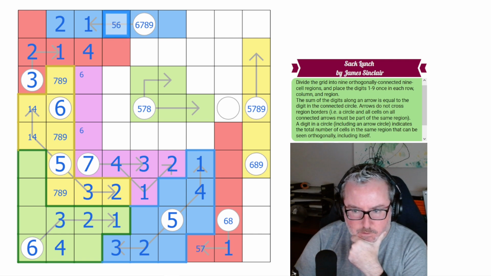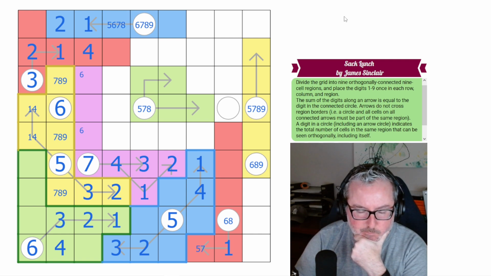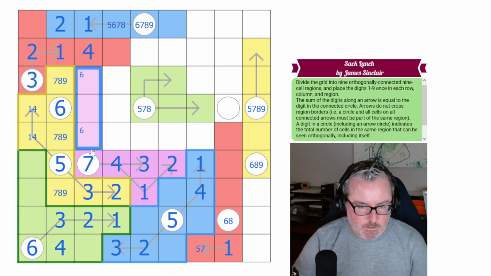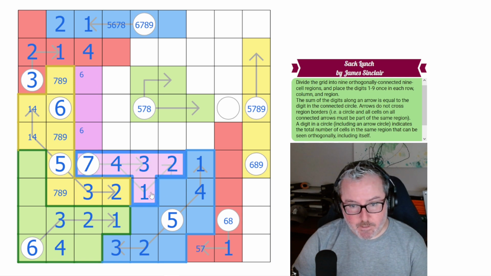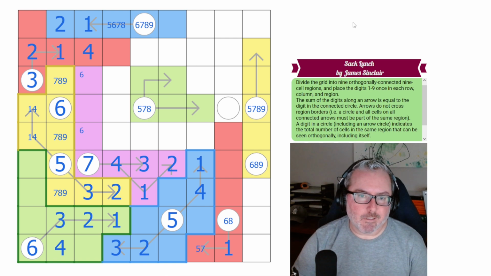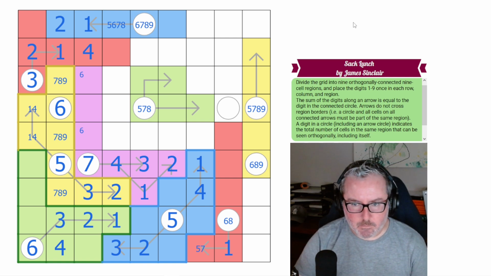Now we can put some stuff in here, but we don't really have any reductions in any of these other ones. It would be nice if we could put a couple of extra digits somewhere in here, but I don't see how we're doing that at the moment.